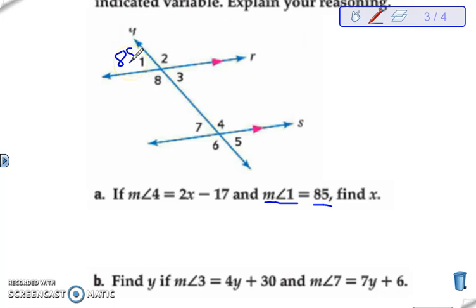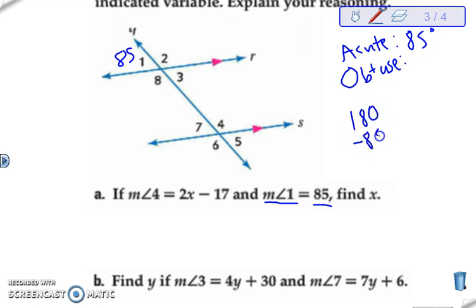Okay, it's an acute angle. All my acute angles are 85. I don't know what my obtuse angles are yet, but I know it's supposed to add up with 85 to get 180.